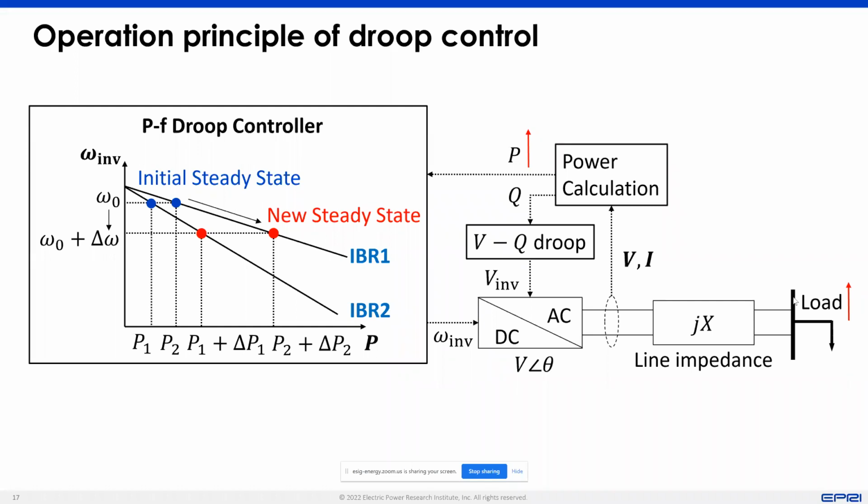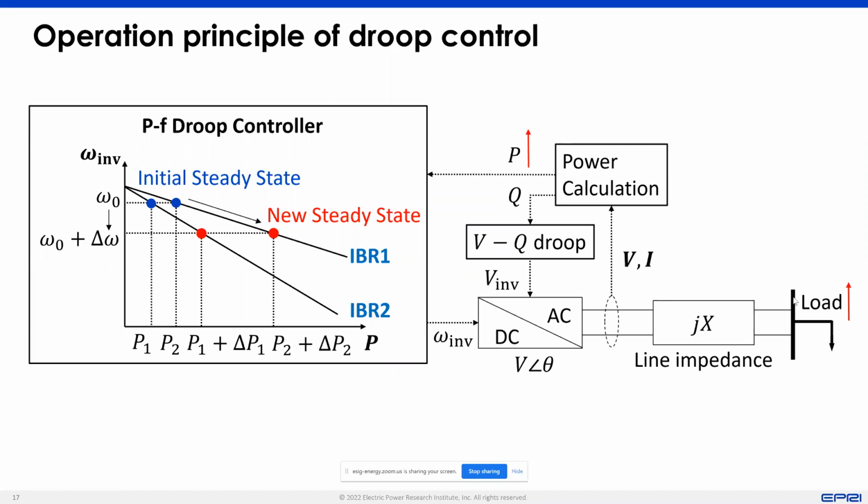And by reducing this frequency, it will let other resources in the grid know that, okay, my frequency is reducing, so you need to pick up more power as well. So by this mechanism, as we can see, if we have two of them in this example, they manage to share the increase in the load between them, and reach a new steady state frequency, which is the same across the system.